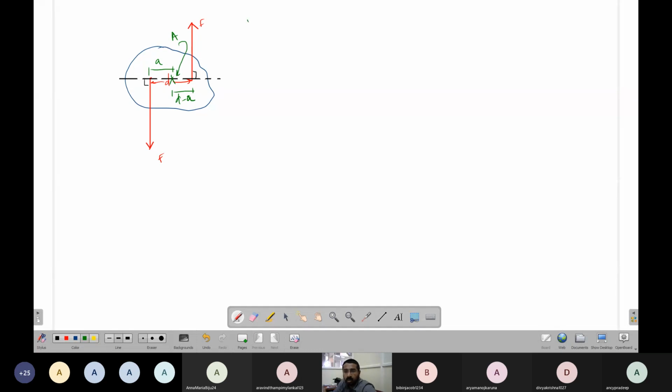What is the moment about A? We take the moments of the forces about A, assuming anti-clockwise is positive, the normal convention. Because of this F, the moment is force into distance A. It is trying to rotate in the anti-clockwise direction, so this is plus.